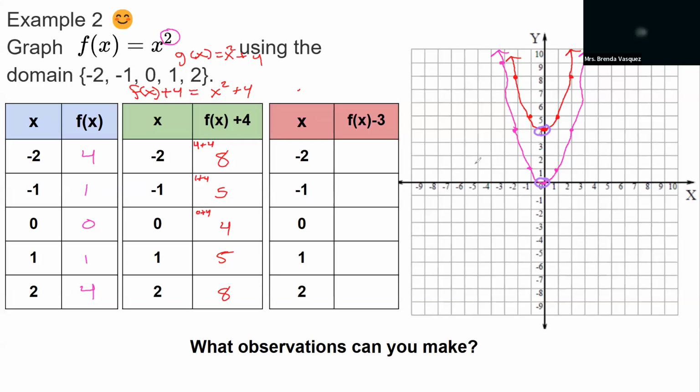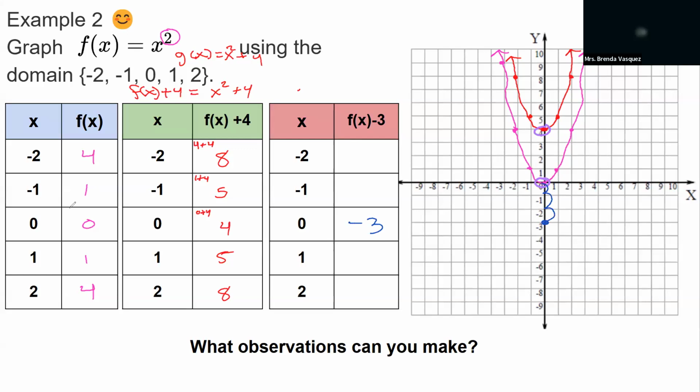Here is the original function in pink. Let me do this one in blue so you can see it. It should go down how many steps? 1, 2, and 3. So this point at 0, 0 should now be at negative 3. That's how we're going to check: we check our table and then we check our graph.